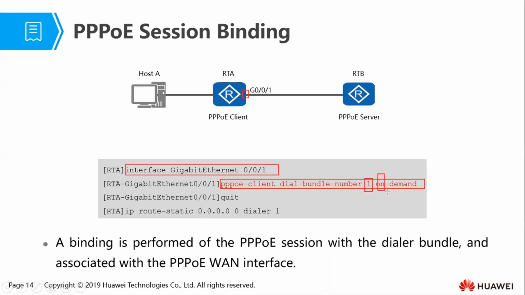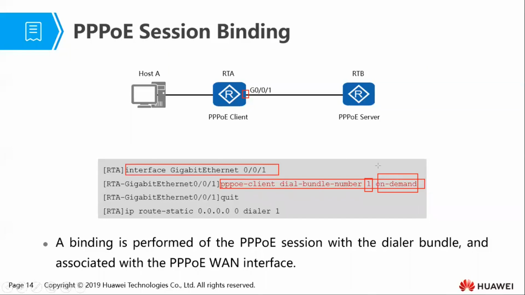Then we enter the command on-demand. So here we've done two things. Number one, we've bound this physical interface with the virtual interface dialer 1 that we just created, and we are saying that it should be on demand.